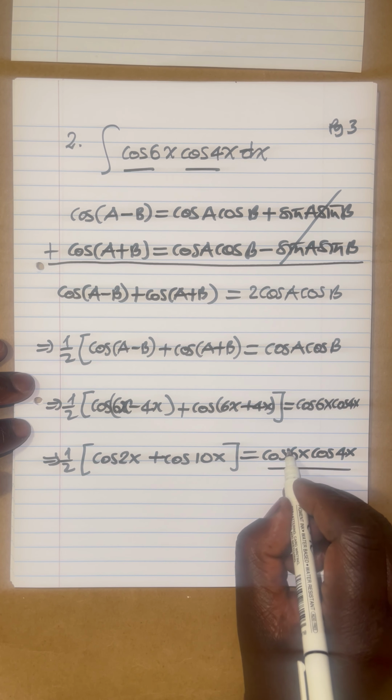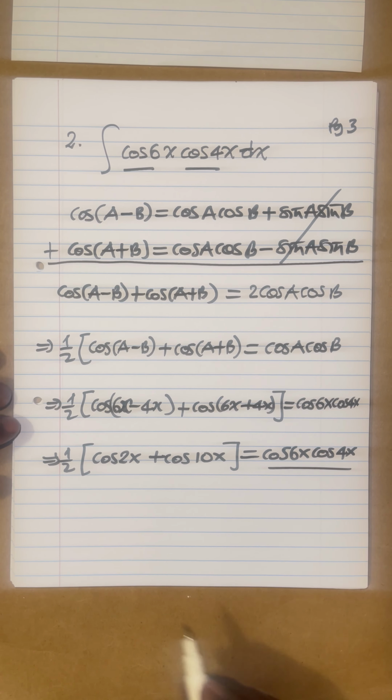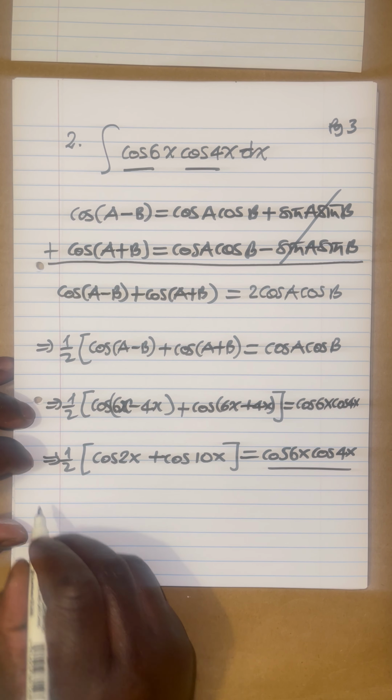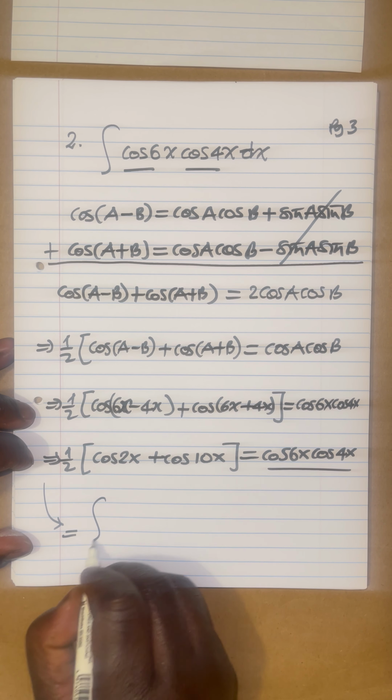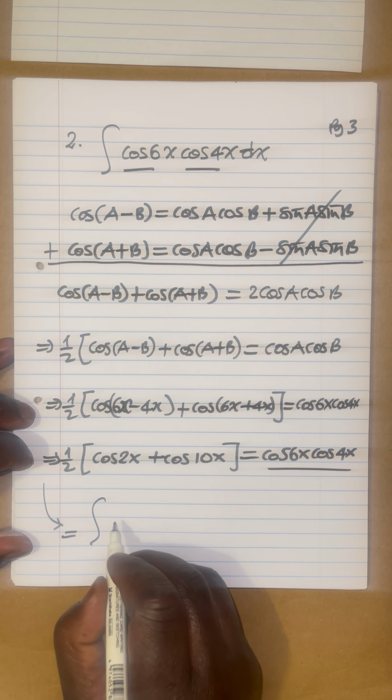So this one here can be replaced by this expression here. That integral therefore changes to the integral of 1 over 2 open brackets cosine of 2x plus cosine of 10x, and then we have dx, like that.